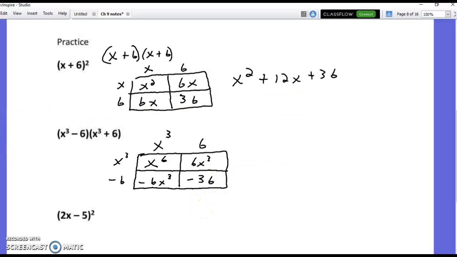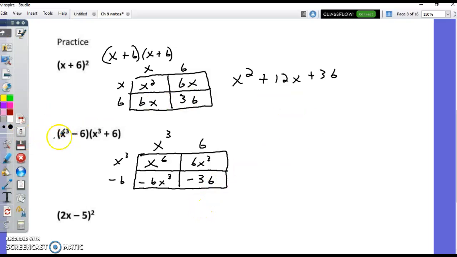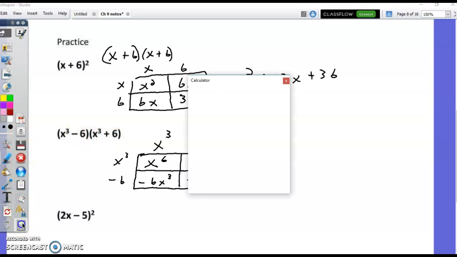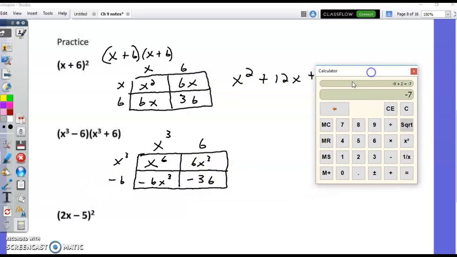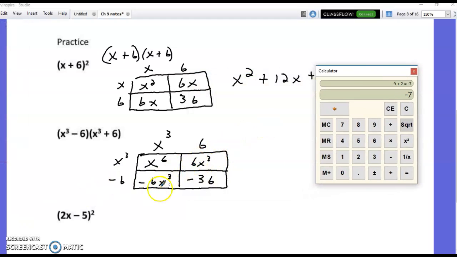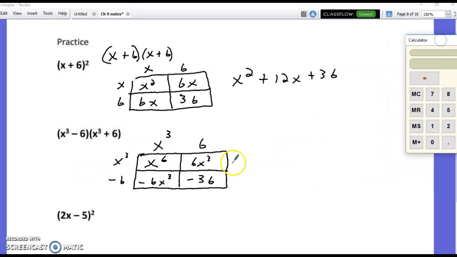Now, what you're going to notice about these, when they look exactly the same but the signs are different, this is going to happen every time. If we take our calculator, you'll see that these like terms right here, because we have 6x to the thirds, so we do a 6 minus 6 or negative 6 plus 6, it's going to equal 0. So essentially that term is just going to go away because they combine to equal 0.